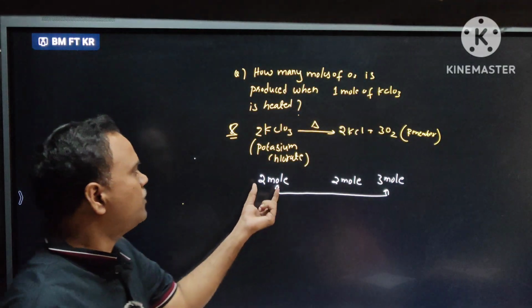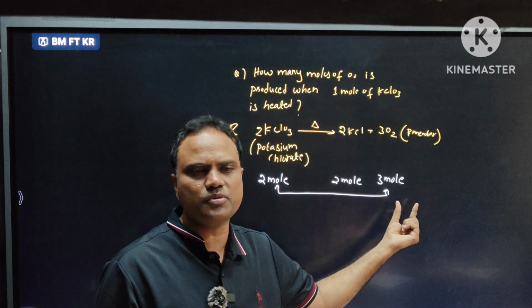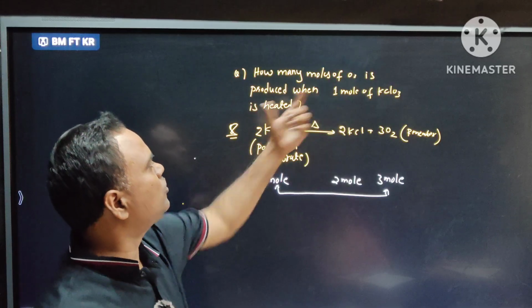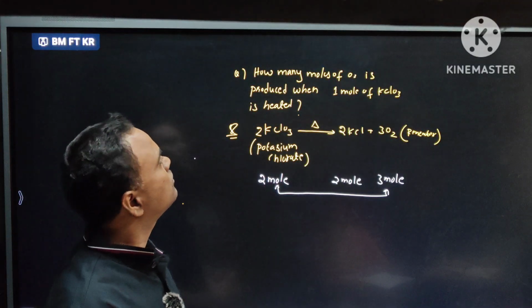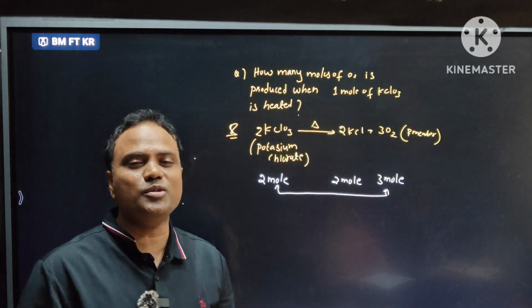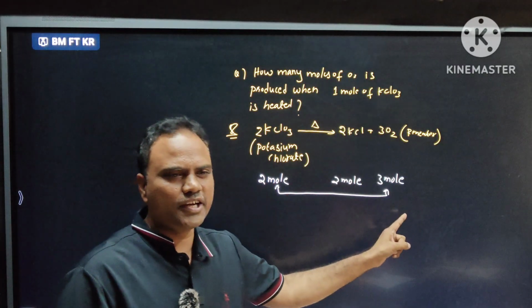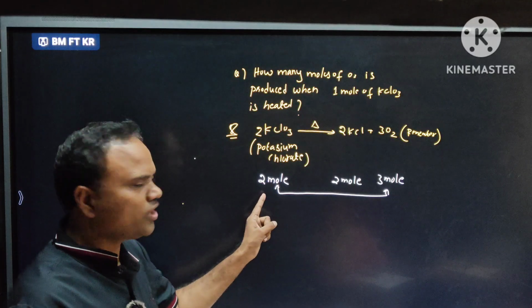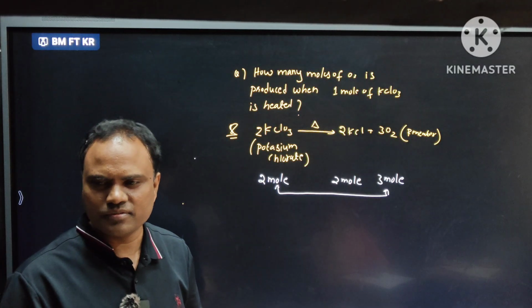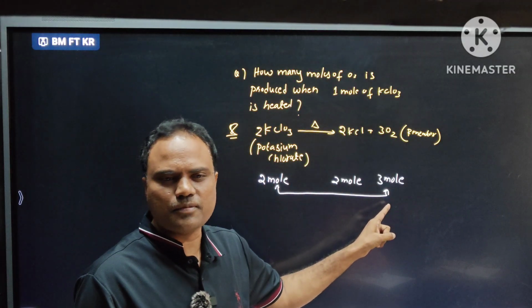Now see, when you heat 2 moles of KClO3, how many moles of oxygen are produced? 3.